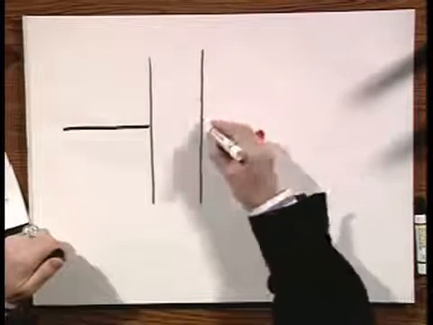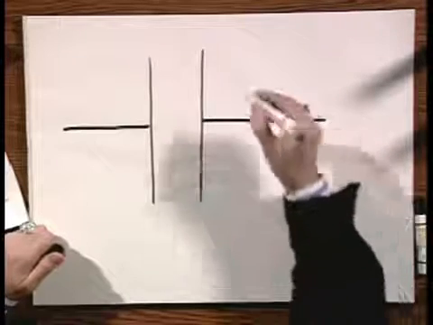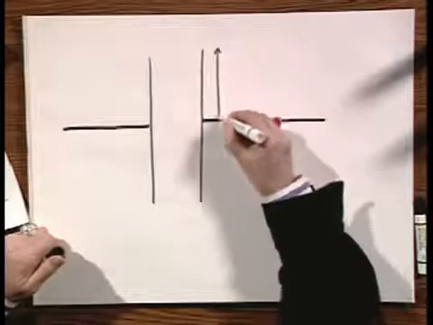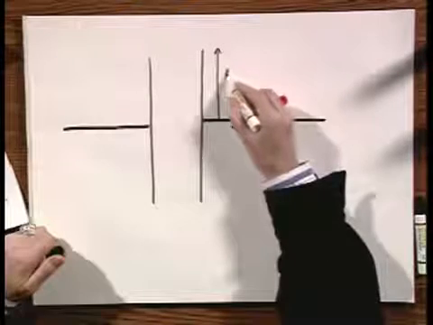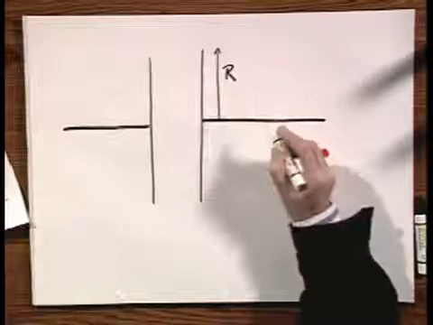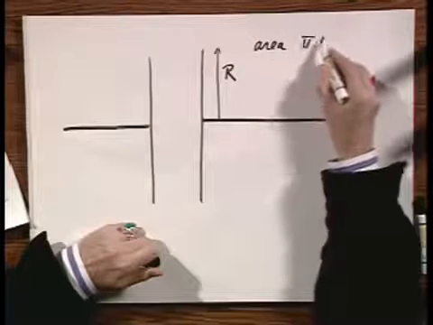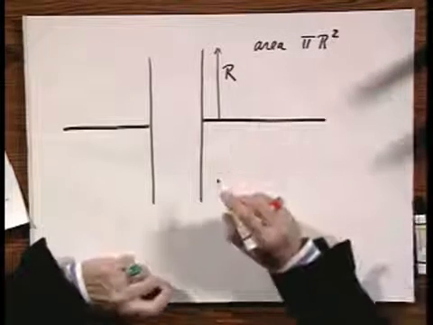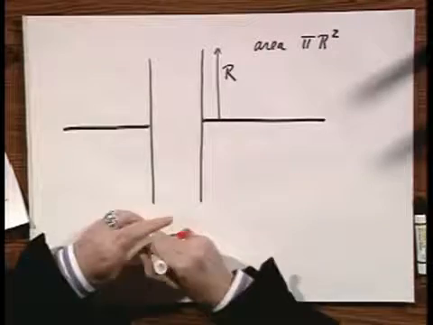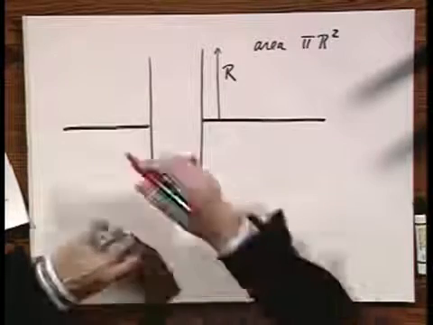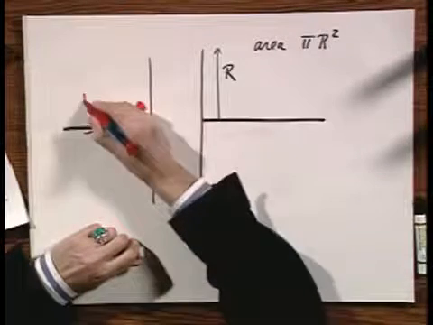That makes it a little easy to calculate things. And let's assume that the radius of the plates is r. So the area of each plate is pi r squared. We are charging this capacitor with a constant current.